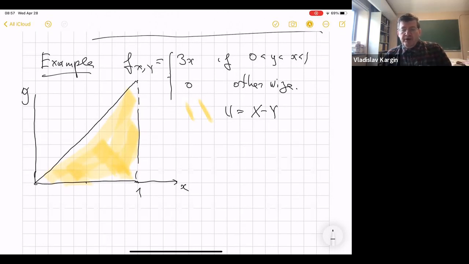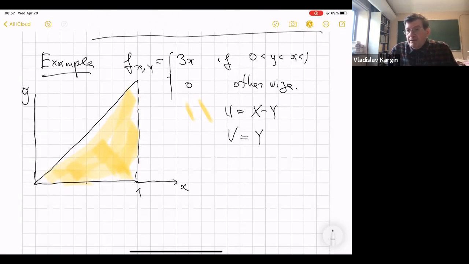We are interested in figuring out the density of u if we know the joint density of x and y. The trick that was suggested is to add an additional variable so that we could use this PDF method, so that the transformation is 1-to-1.